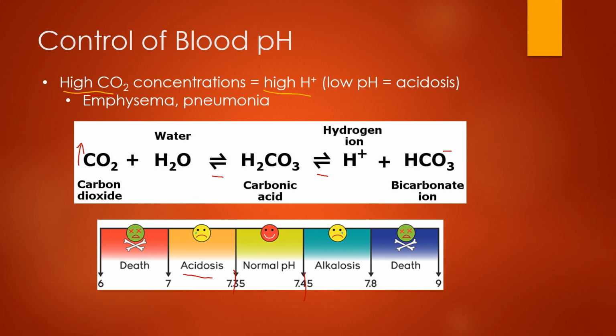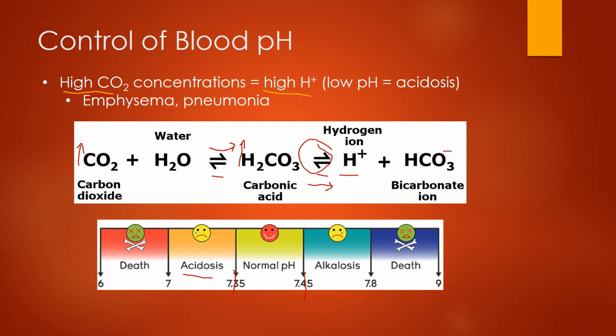What happens to this equilibrium is it's going to shift to the right to get rid of that excess CO2. And that's all well and good, but when it shifts to the right and gets rid of that excess, it's actually making more carbonic acid. So our concentration of carbonic acid is then going up. And those high concentrations of carbonic acid are going to affect our next equilibrium, because this equilibrium here is going to shift to get rid of the excess, and it's going to shift to the right towards H plus.